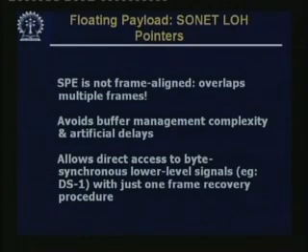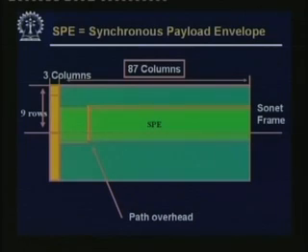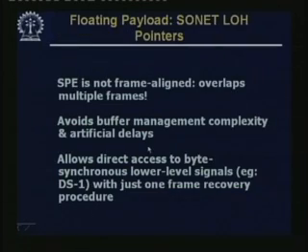We will just look at a diagram of this. You see the SPE, this light green color, starts somewhere after leaving some of the rows, and the path overhead is somewhere here, and there are 2 frames here. So, the SPE is really spanning both the frames.